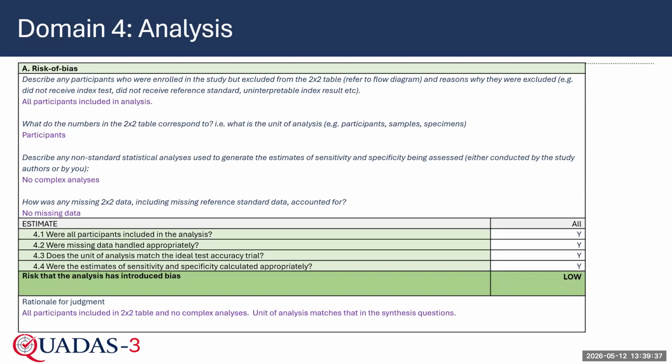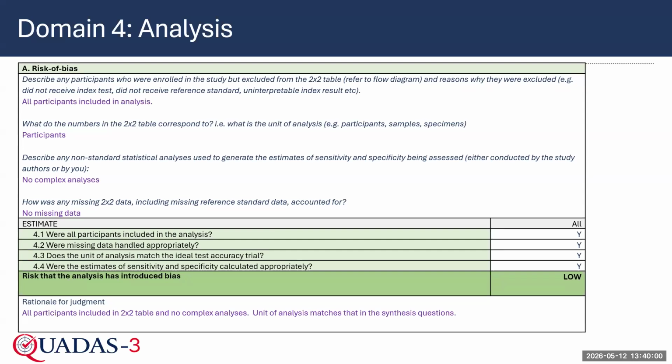We've got a question called describe any non-standard statistical analyses used to generate estimates of sensitivity and specificity being assessed. So if you're doing anything that isn't just based on your 2x2 table to get to those estimates. In this paper it's straightforward, and most probably will be, that there are no complex analyses, and we haven't got any missing data.